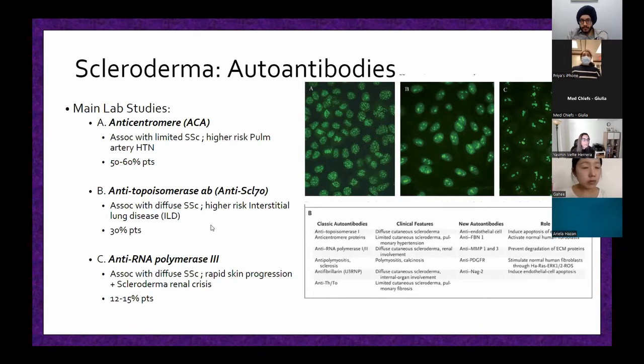So you see that the antibody is not only important for the general diagnosis of the disease, but is also helpful for subclassifying the type of involvement that you think the disease will have. The third antibody is the RNA polymerase 3 antibody, which is associated with rapid skin progression and more commonly associated with scleroderma renal crisis, and that occurs in 12 to 15% of patients.